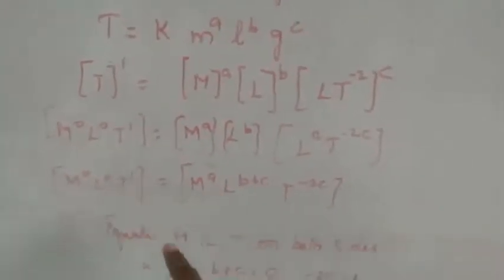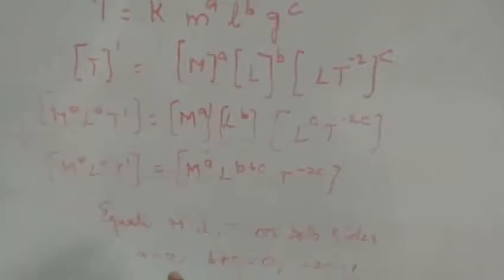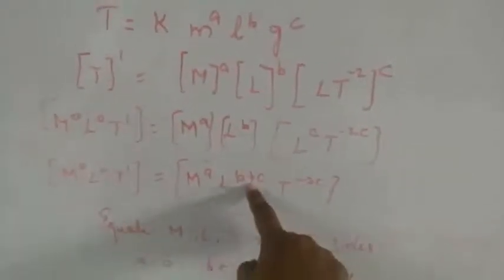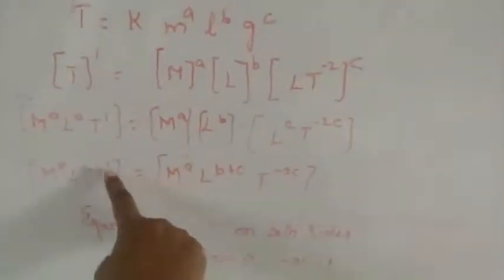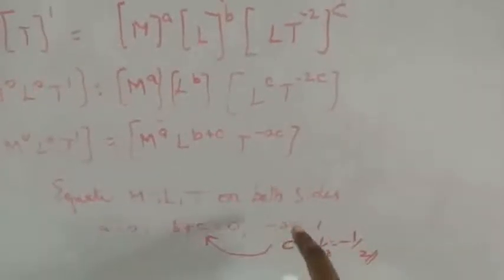For m, the power is a on one side and 0 on the other. So when you equate the powers, for mass, a equal to 0, and for length, b plus c is equal to 0, and for time T, minus 2c is equal to 1. So minus 2c is equal to 1.